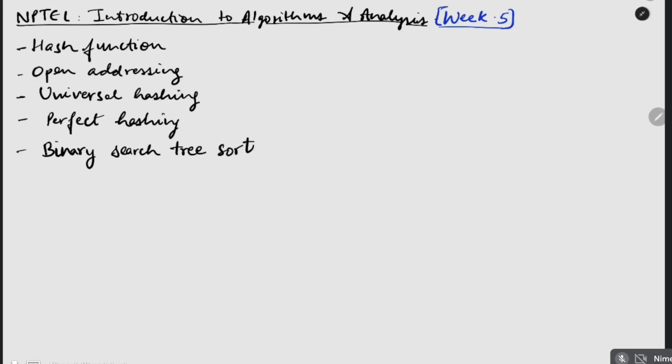We had started discussing binary search tree sort, and we did a bit of time complexity analysis of binary search tree sort.